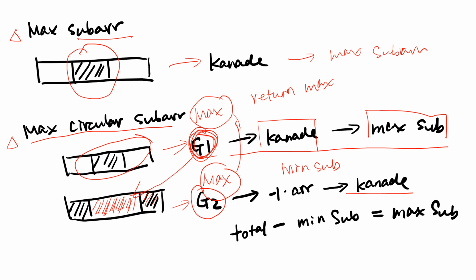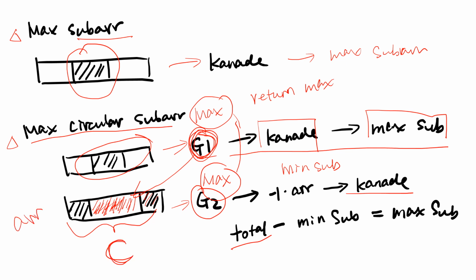Once we have the minimum subarray in group one, we can use the total sum of the array, which is a constant. If the array is given and it's not changing, then this is a constant, right?